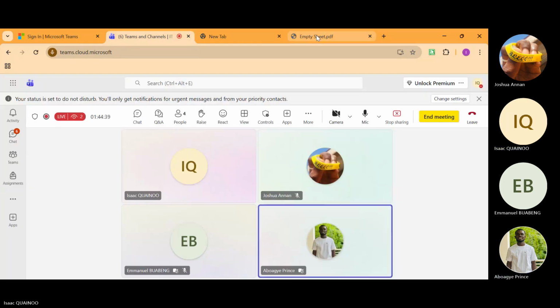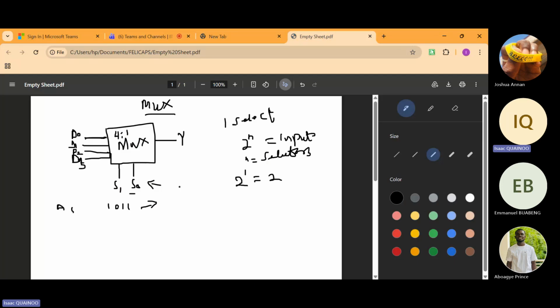2, that's perfect. So we are going to need 2 select lines for this particular multiplexer, because you can see that the inputs are 4. We have D0, D1, D2, D3. So we need to ask ourselves, 2 raised to the power what is going to give us 4, which is the number of inputs.